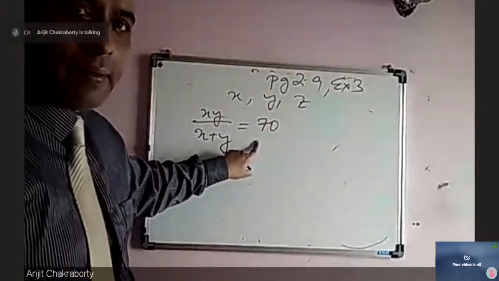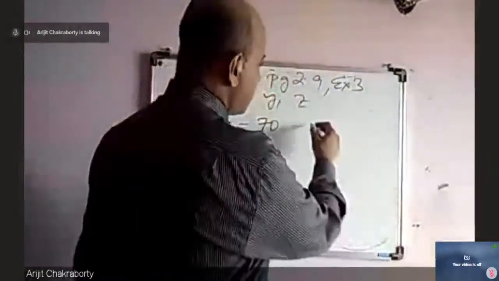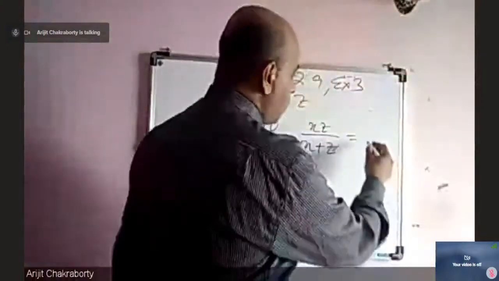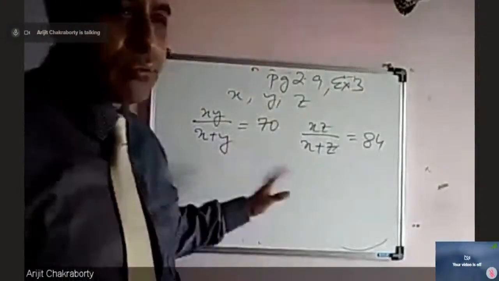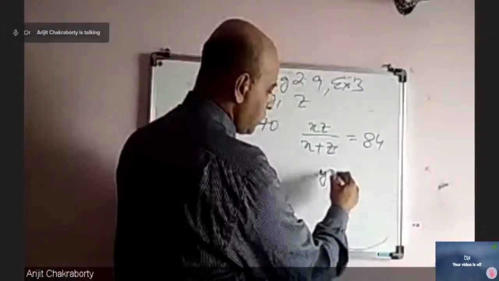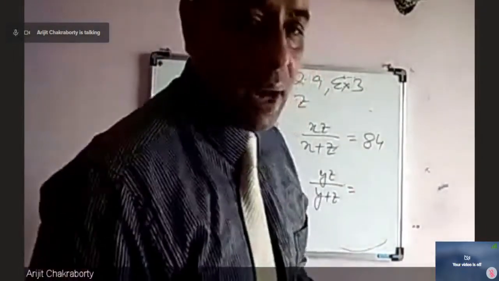First one. Then you have xz by x plus z is equal to 84. Right? And we have another equation, yz by y plus z is equal to 140.